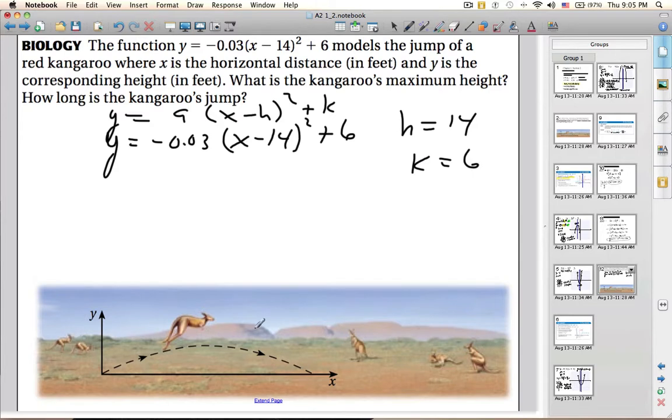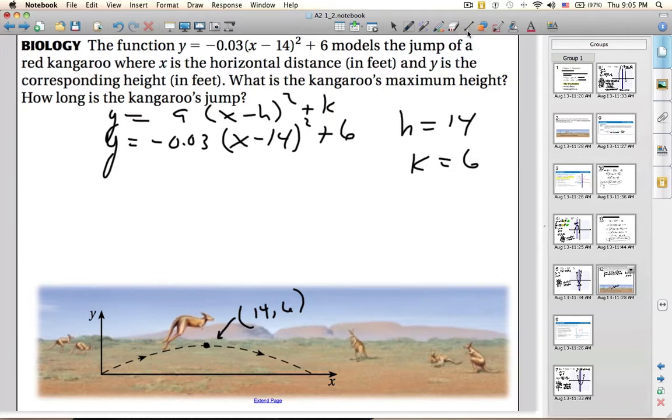So that means the vertex is up here. This is the highest point of my kangaroo's jump. That's the vertex, so that's going to be at 14, 6. That's this point here. There's an axis of symmetry that goes through that, right about there.